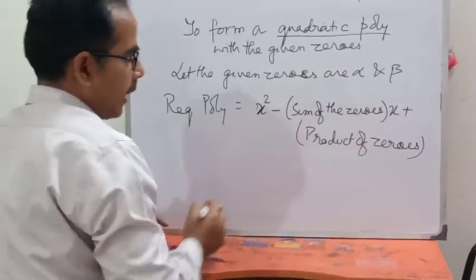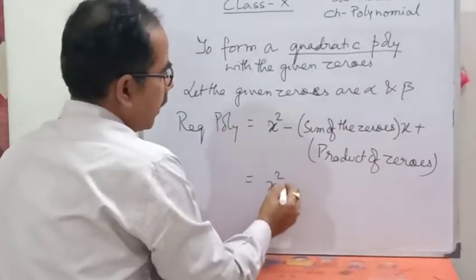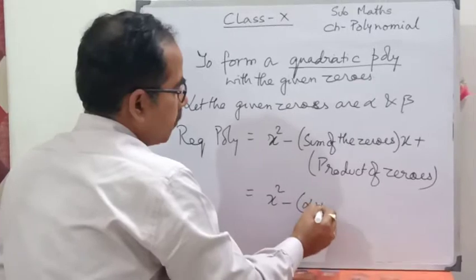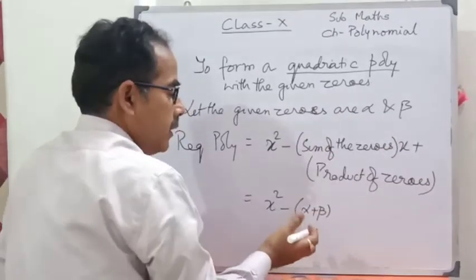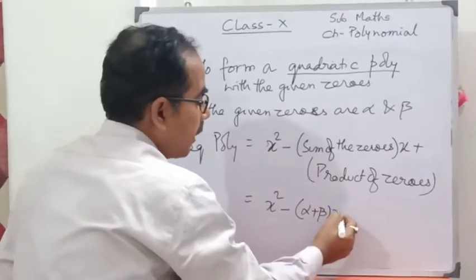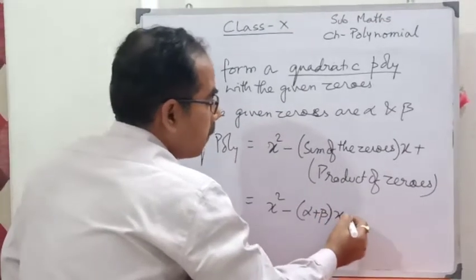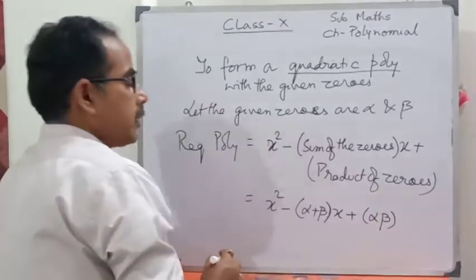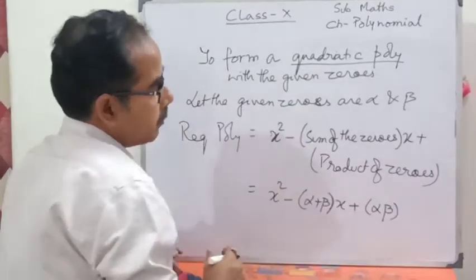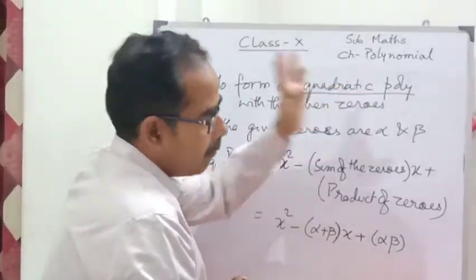That I can write in such a way also, x square minus alpha plus beta, if alpha and beta are the given zeros, otherwise you can take in any way, multiplied by x plus alpha beta. Just put the value, you will get the quadratic polynomial.